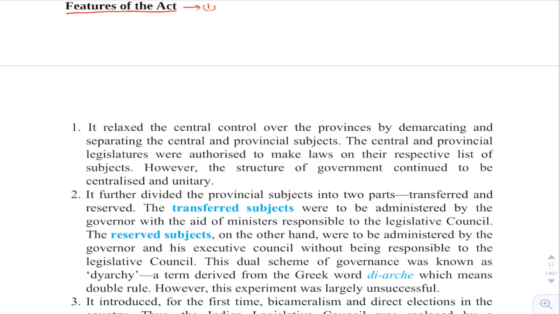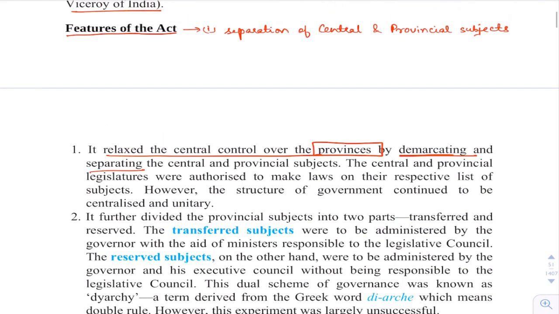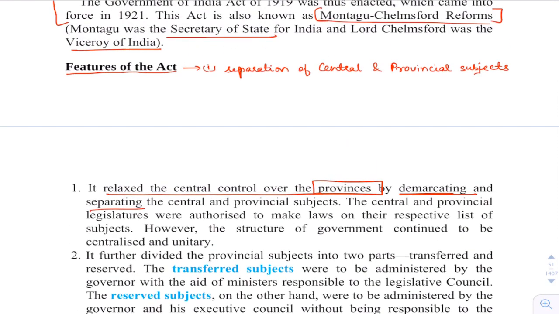First is, it relaxed the central control over the provinces by demarcating and separating the central and provincial subjects. So first of all, what happened? Separation of central, okay. Central and provincial you understand, right? What is run from the center and what is happening in the provinces. Like now you have the Union List subjects, then you have the State List. Similarly, separation of central and provincial subjects. So when separation happened, it means of course that there is relaxation of the central control over the provinces, because the demarcation and separation was done. You can also write demarcation here.